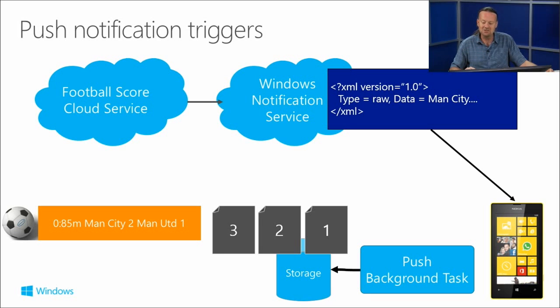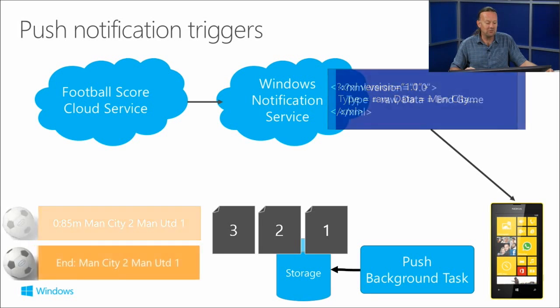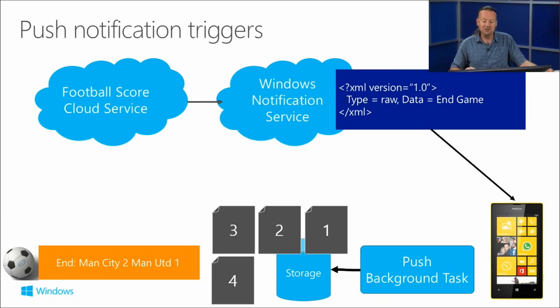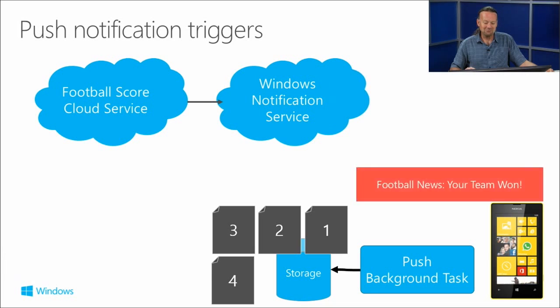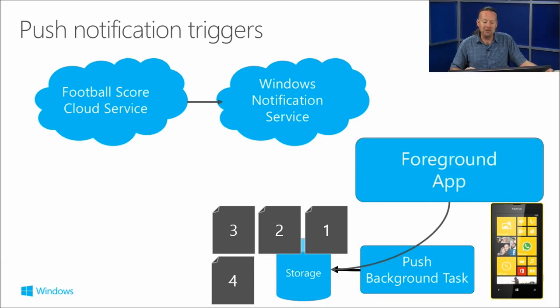It could be popping up toasts, and the user is getting the information they really like. At the end, it looks like a result for Manchester City. Well done, the Blues. We could pop up toasts and keep the user informed in various ways. The foreground app can then go into that storage to get all the information that's been gathered and present a full match report to the user when they later open the foreground app.